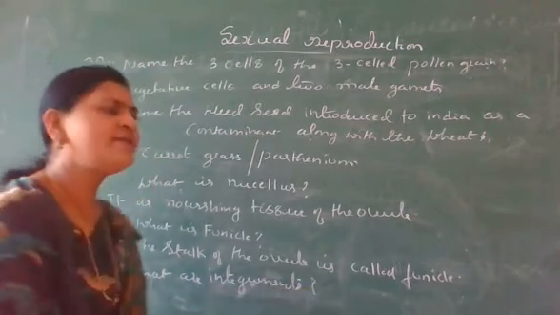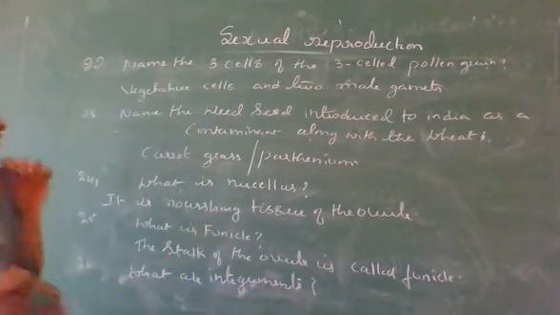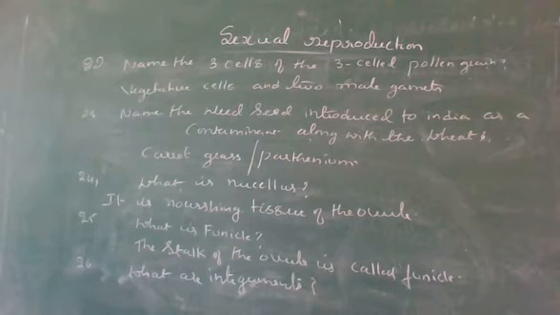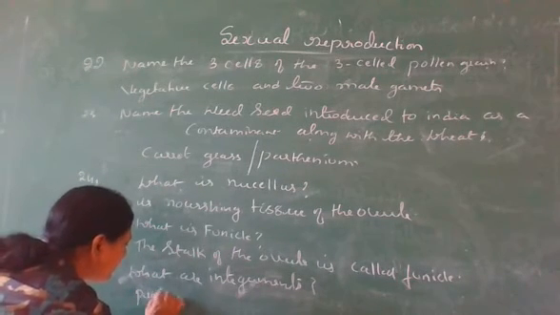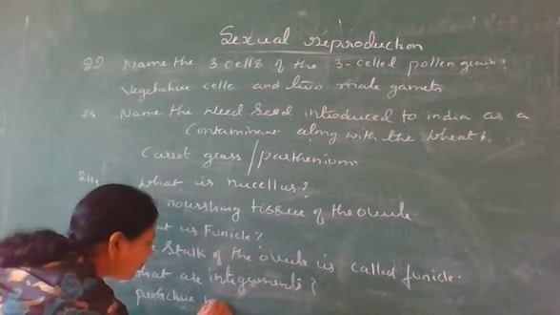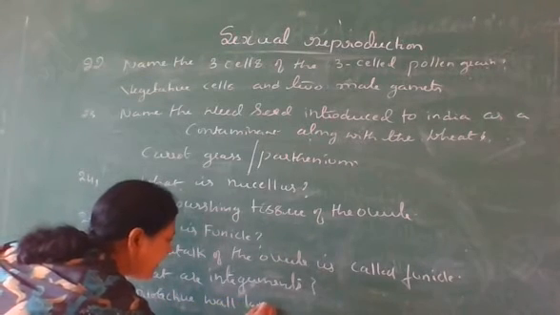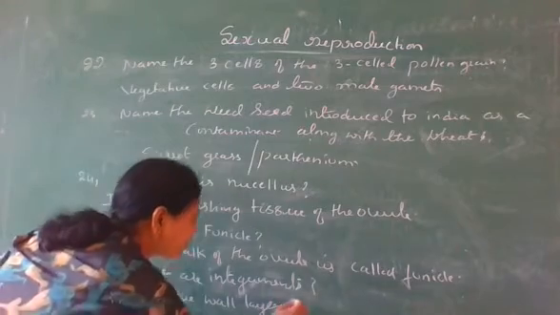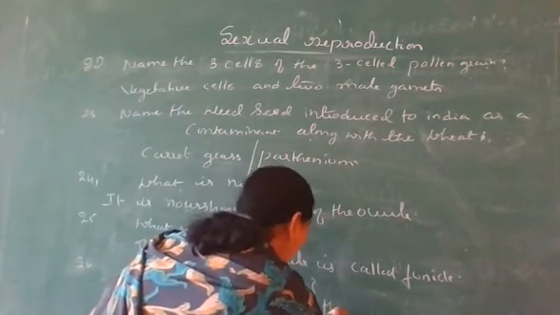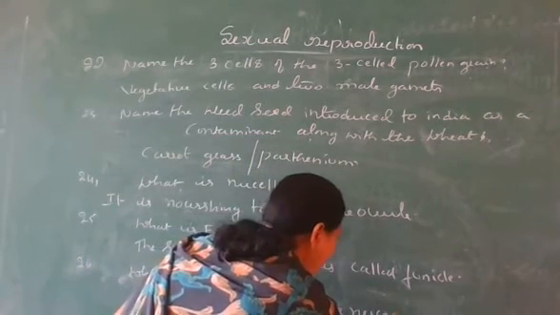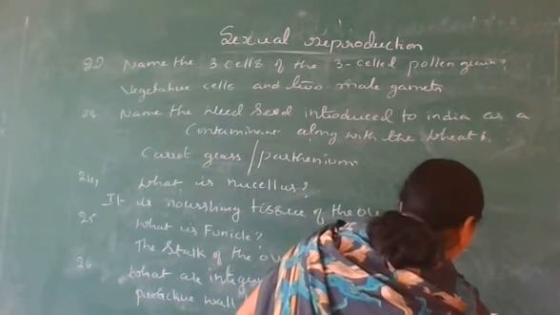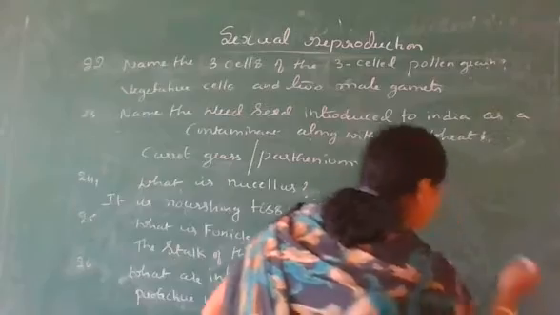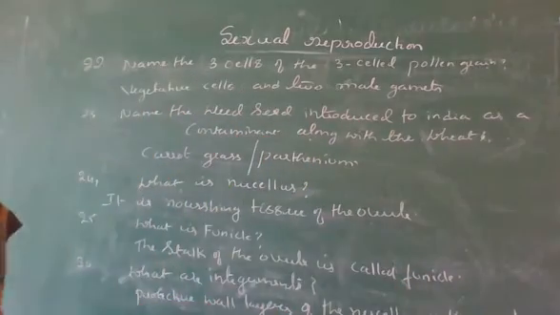Protective wall layers of the nucellus of the ovule are called integuments.